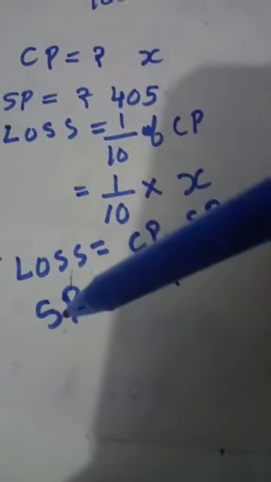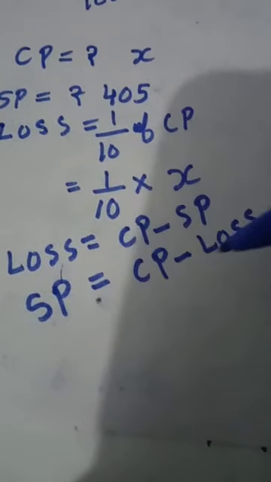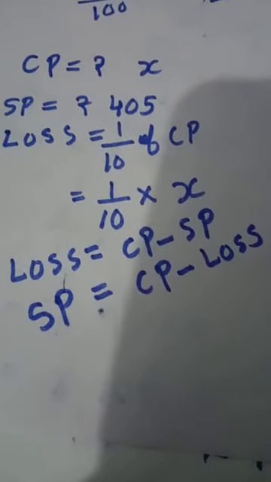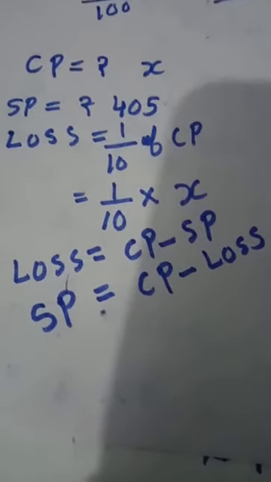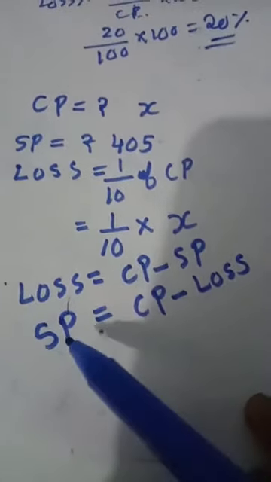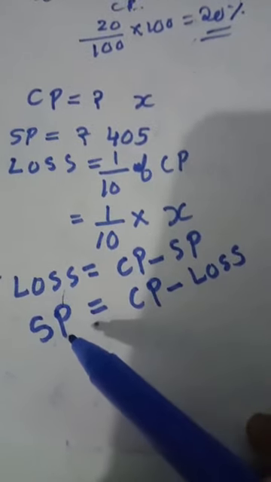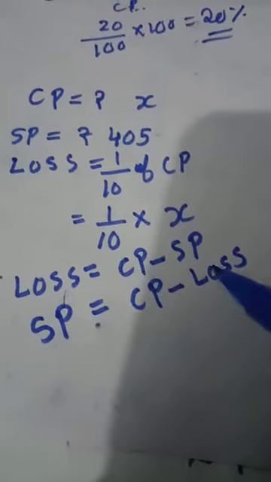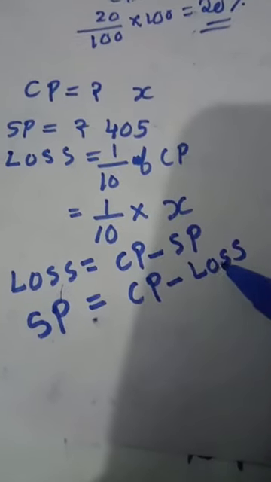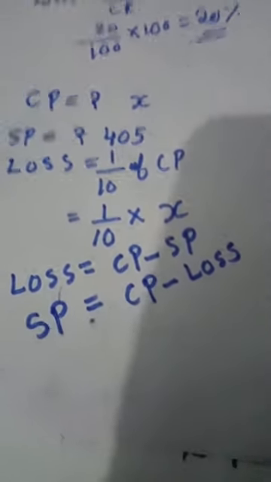In the case of loss, SP is smaller. Then how do we find SP? CP minus loss. CP is 100, so 100 minus 10, loss is 10, so SP is 90.